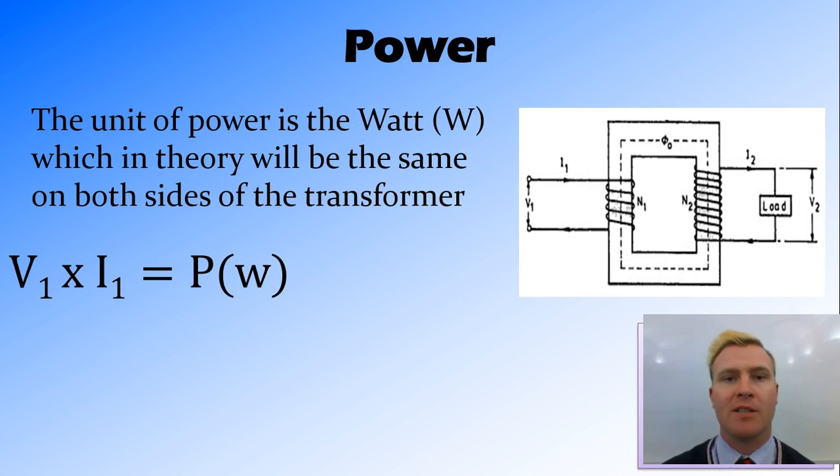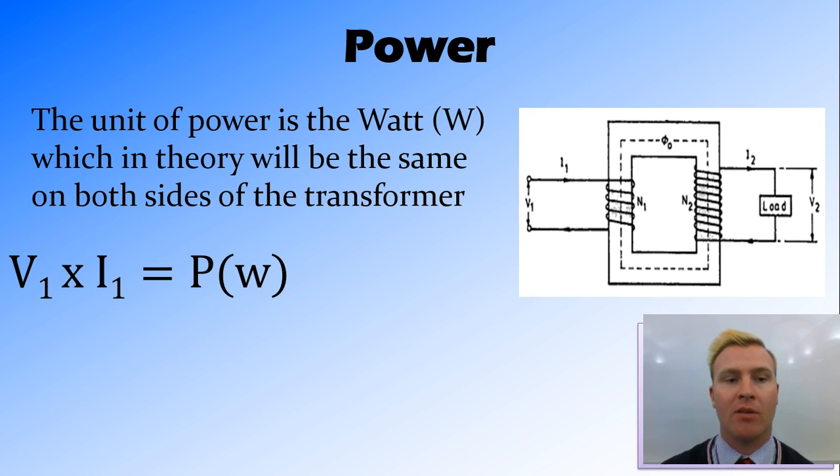Okay, I'm going to briefly talk about power now, and I know that this is a new term, but it's a fairly simple one. So the amount of power in a circuit is defined as the voltage times the current, and it's measured in the unit of watts. So in theory, on the incoming side, the power should be the same as on the outgoing side.